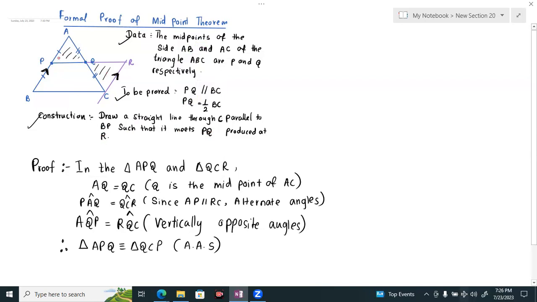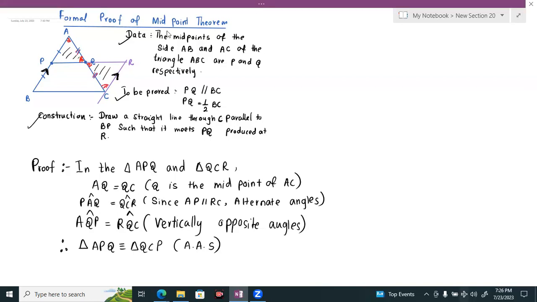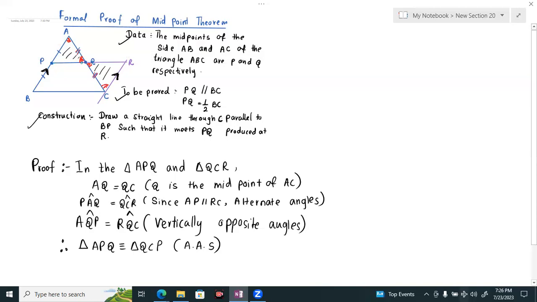After making these two triangles congruent, which elements did we use? These vertically opposite angles, these two sides, and these two alternate angles. And the other elements which are remaining: there are two sides that we do not use. PQ and QR correspond to the angles APQ and QCR, and PA and RC correspond to the vertically opposite angles we used, and there's another remaining pair of angles.